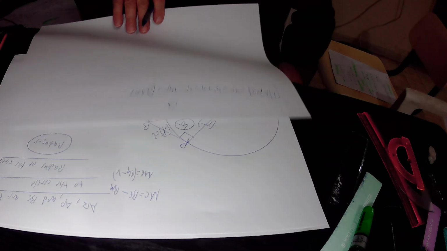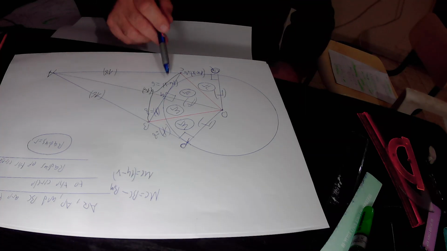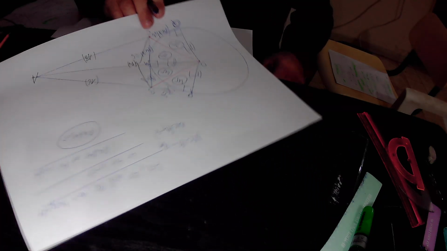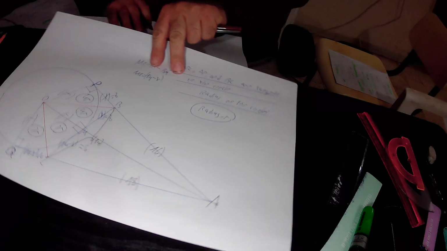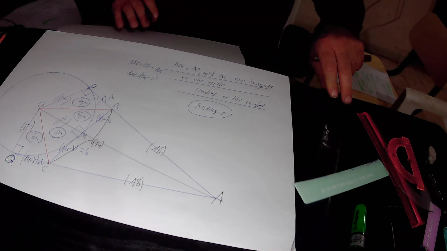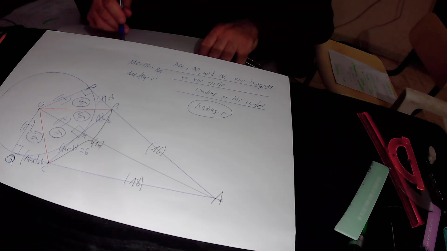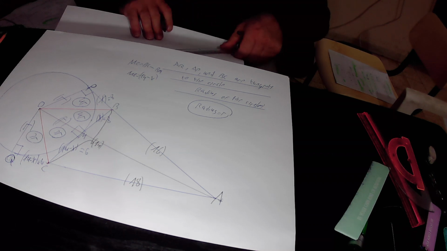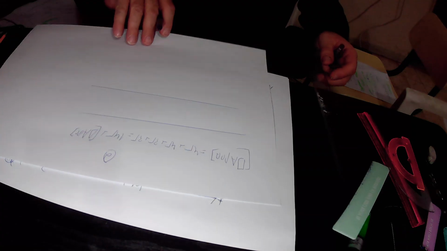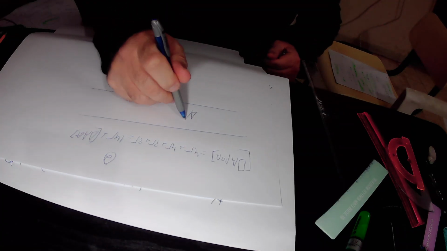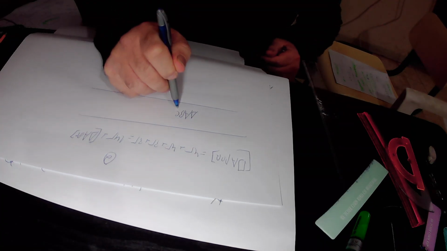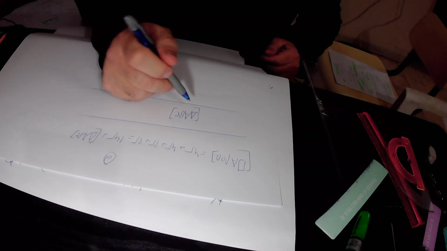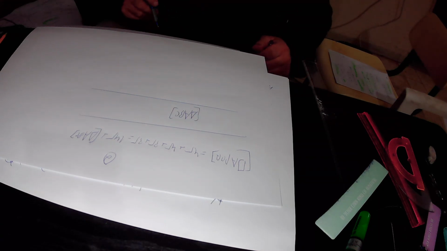So the only thing left to do is to find the area of this triangle ABC. So what is the area of triangle ABC? We have a special formula for the area of any triangle.